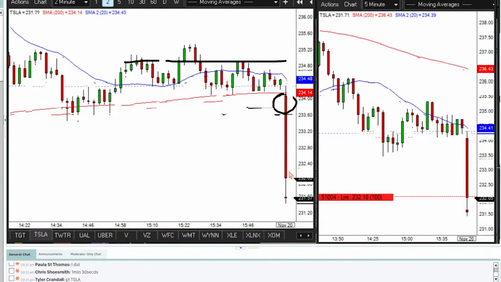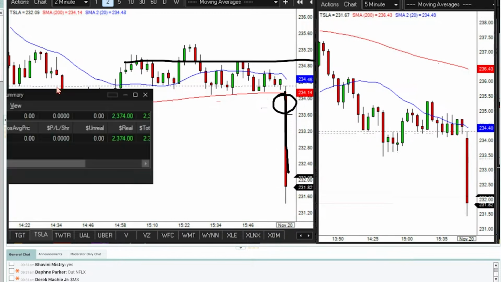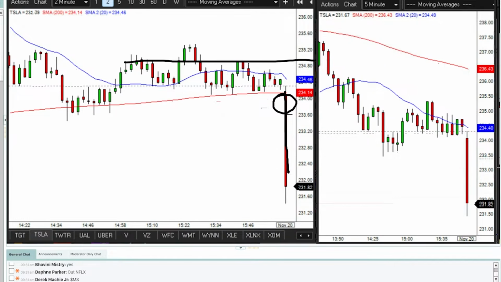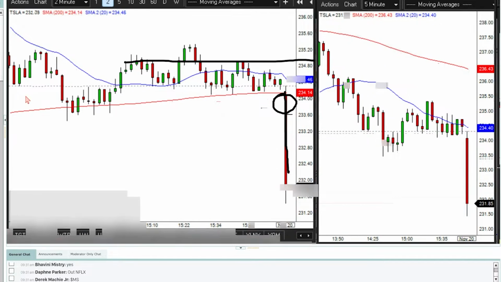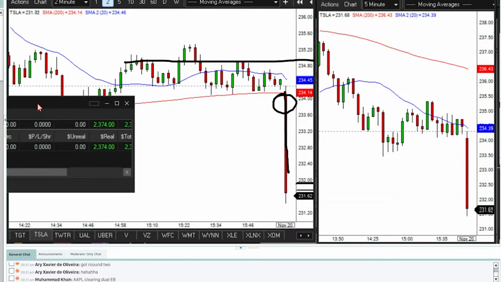Opening right at that flat 200. Remember, I told you flat 200s, narrow state. You want to grab these early and boom. All right, not bad at all. All right, there's the closing position there, guys. $2,374.